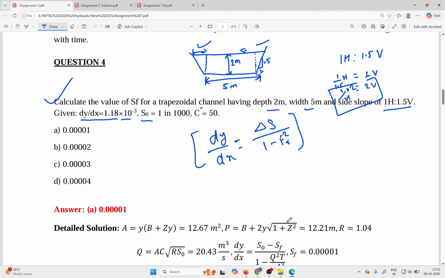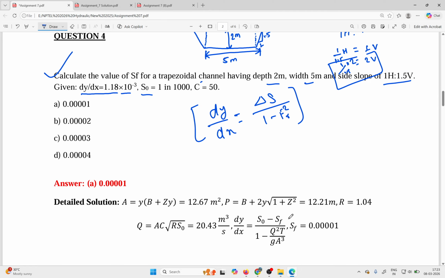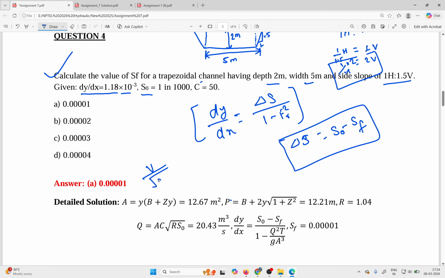So let me show you. Your delta S is nothing but the difference between your bed slope minus the energy slope. Now what is Fr? Fr you know already, V divided by root gD. What is D?